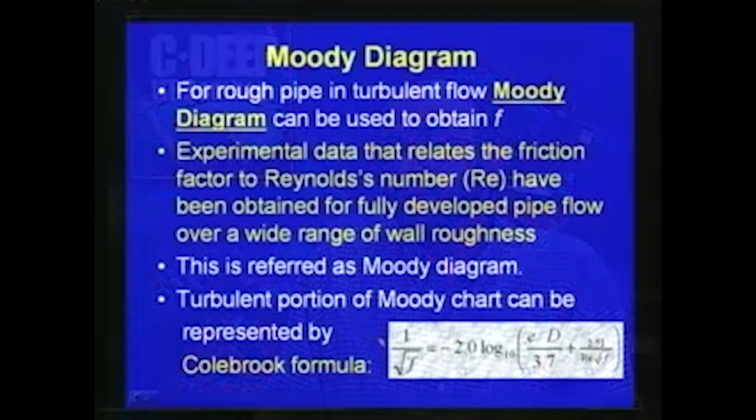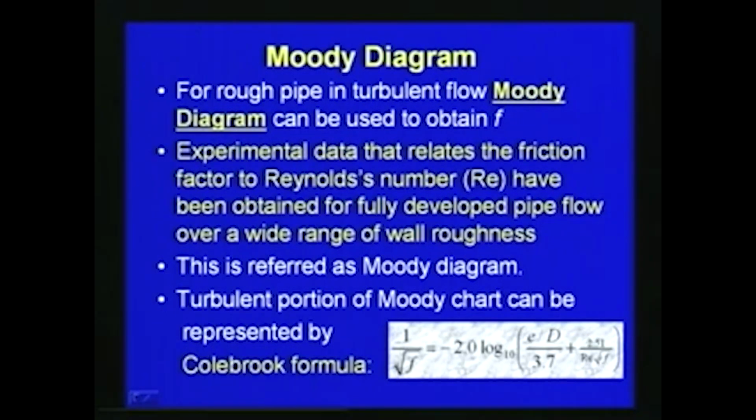The turbulent portion of the Moody chart can be represented by the Colebrook formula, given as 1 by root f is equal to minus 2 log 10 of (E by D divided by 3.7 plus 2.51 by Re root f), where f is the friction factor, Re is the Reynolds number, E is the roughness height, and D is the diameter of the pipe.